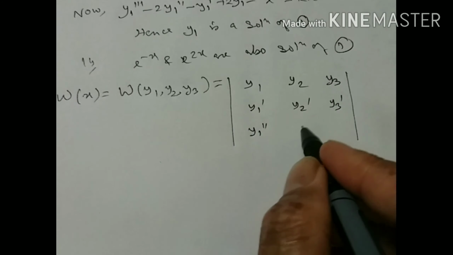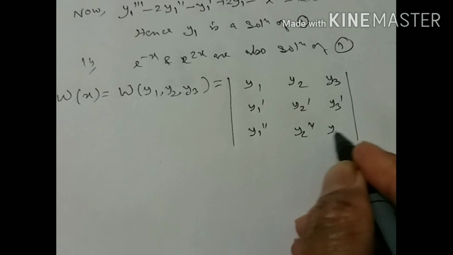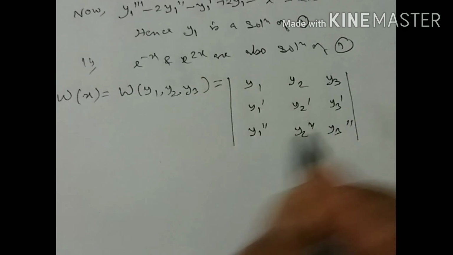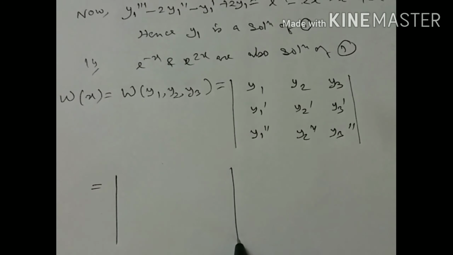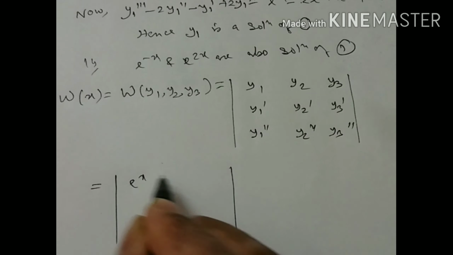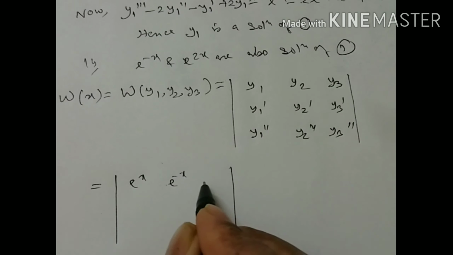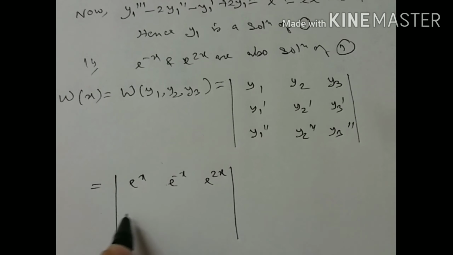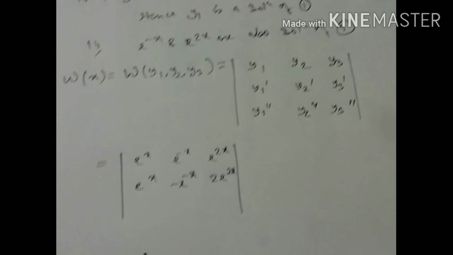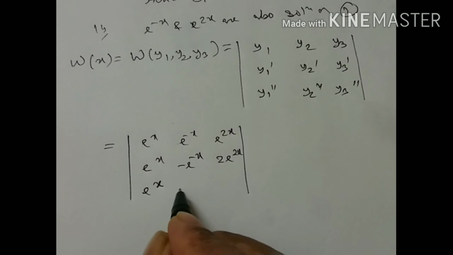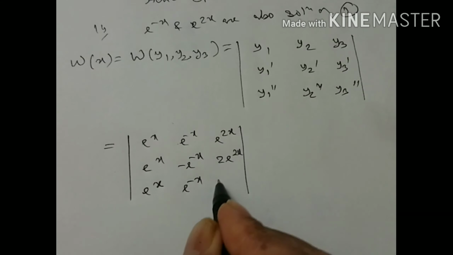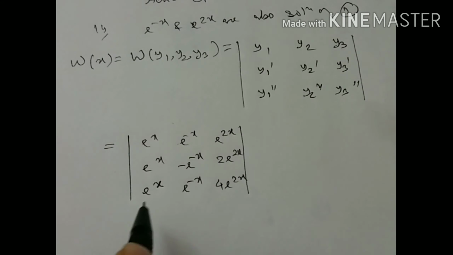Then y1 double dash, y2 double dash, and y3 double dash. Putting the values, we take e to the power x, e to the power minus x, e to the power twice x. Similarly, the derivatives: e to the power x, minus e to the power minus x, 2 e to the power twice x. Then again the derivatives: e to the power x, e to the power minus x, 4 e to the power twice x.